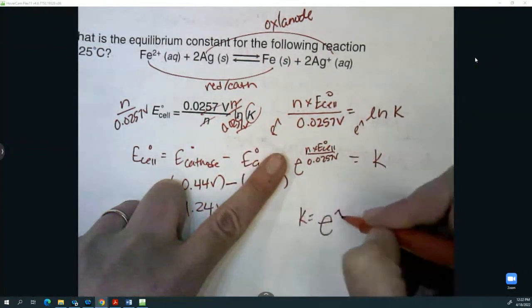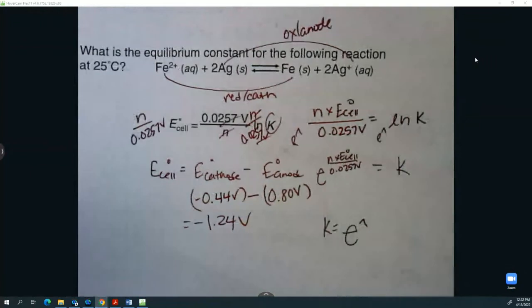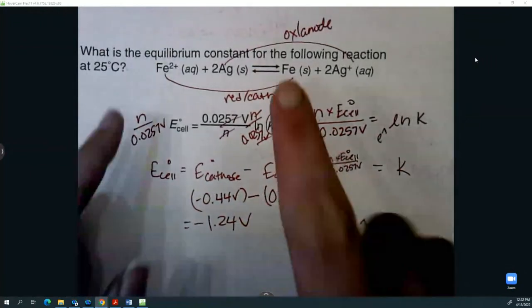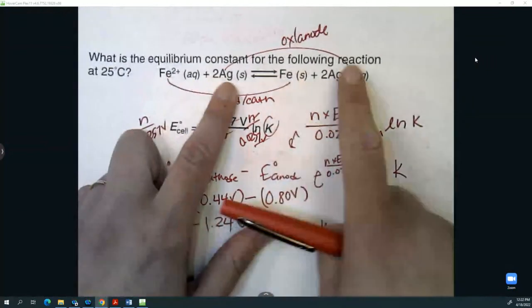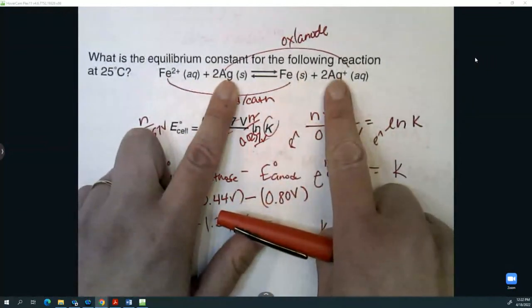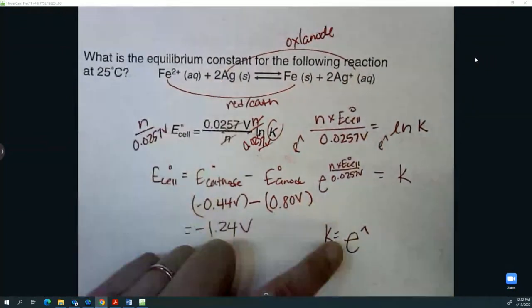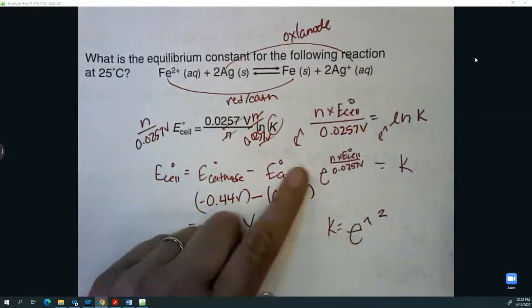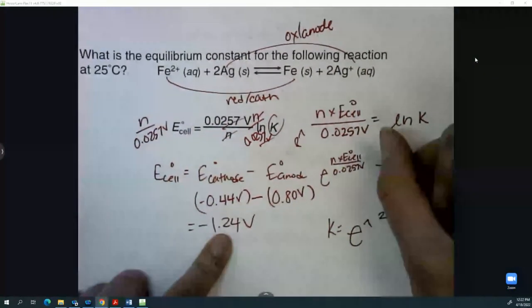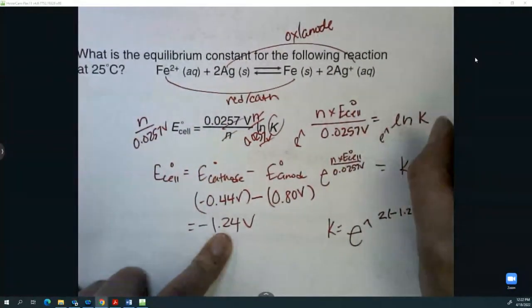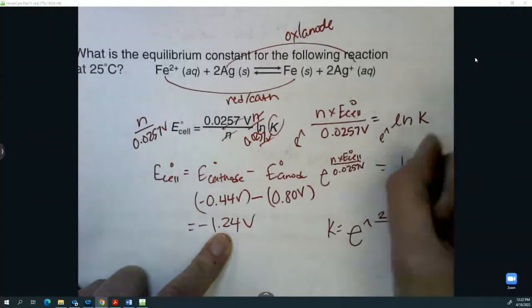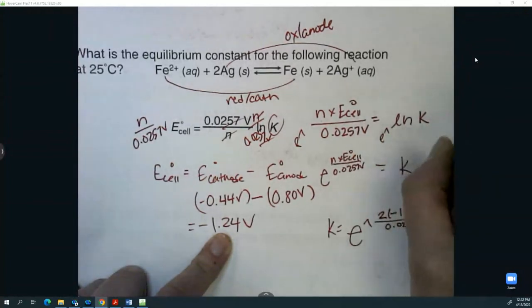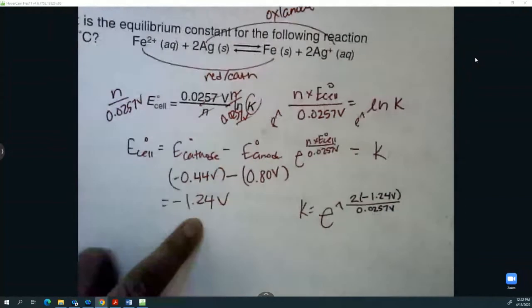All right, so k equals e to the. n, number of moles of electrons that cancel. I didn't write half reactions here. I could do that, or I can just look at it and see that would be 2 electrons. This would be 1 electron per reaction, and there's 2 reactions, so it would be 2 electrons. So 2 times E cell standard, negative 1.24 volts, over 0.0257 volts.